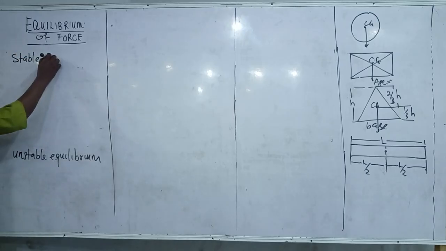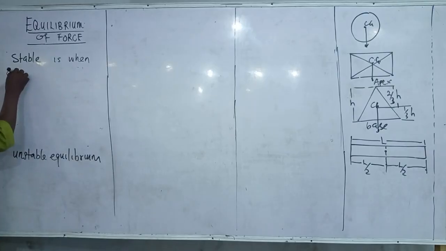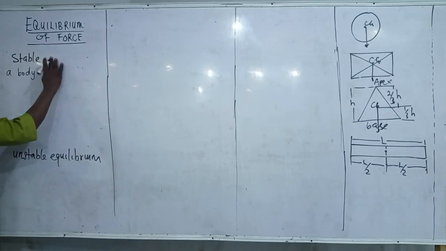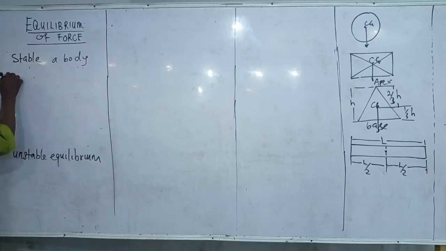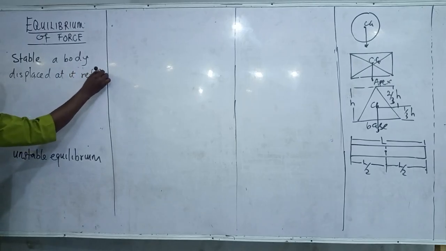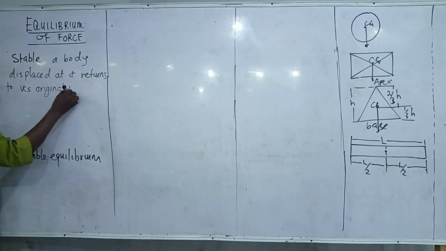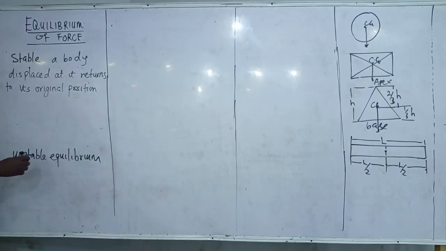Stable equilibrium is when a body is displaced, and it returns to its original position. So a stable equilibrium is achieved when a body is displaced, it returns to its original position.